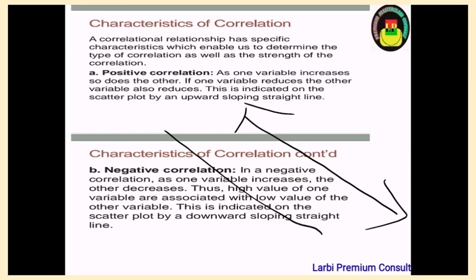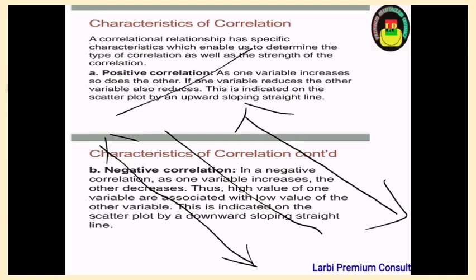So as one variable increases, another variable decreases. So that is a negative correlation. In a negative correlation, one variable increases and the other decreases, as I was saying. Thus, high values of one variable are associated with low values of the other variable. This is indicated by a downward sloping straight line, as you can see on the screen, sloping like this. My diagram is not nice, so forgive me. So that's a negative correlation.